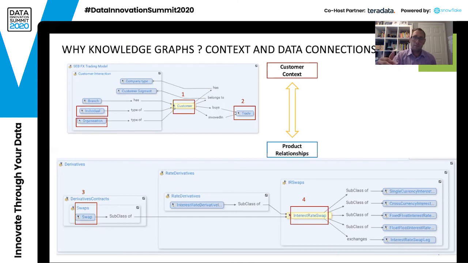You have single currency, you have cross currency, you have fixed, floating. So this helps you, if you want to aggregate that data, to choose what types of swaps you actually want to select for your model, for your analytics or your machine learning or AI, rather than saying, I want to aggregate swaps, because the machine doesn't know whatever you include in terms of the different types of swaps.